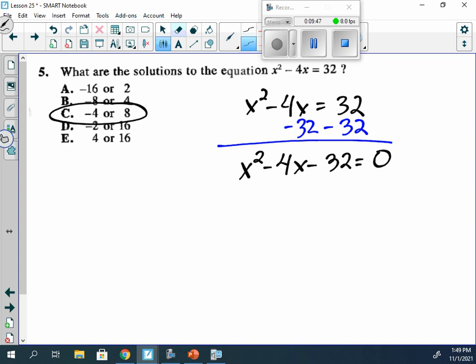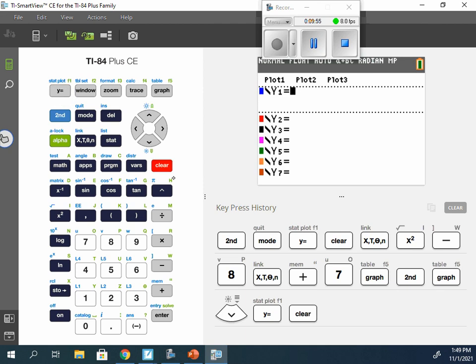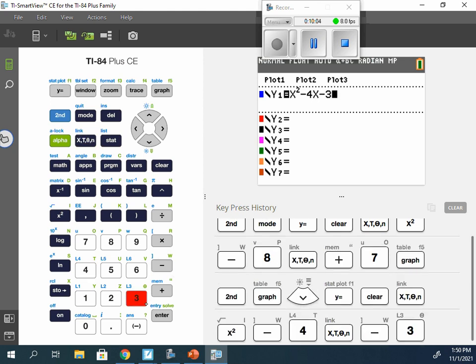Now, after we get it equal to 0, we can plug it into the graphing calculator. To do that, we can hit y equals first. And then we would type our function in, x squared minus 4x minus 32.